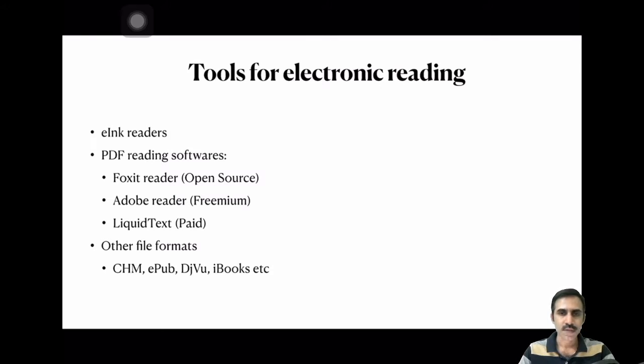LiquidText is a paid PDF reader with very good annotation and note-taking capabilities, which I personally use, but it is a paid one. So not all books will be in PDF format. Other file formats like CHM, EPUB, and iBooks may be the format of your book.